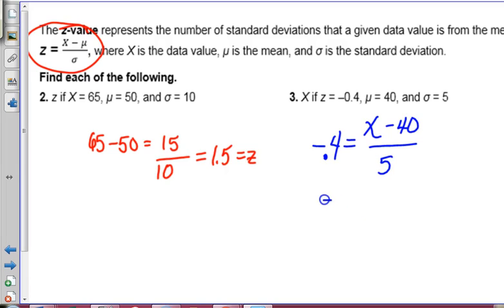Multiply by 5 and we get what? Negative 2. Did I do that right? So if we add 40, we get 38. Does that make sense? A score of 38 is below by 2, divided by 5 would be 0.4, and it was negative because it was to the left of the standard deviation. Okay.